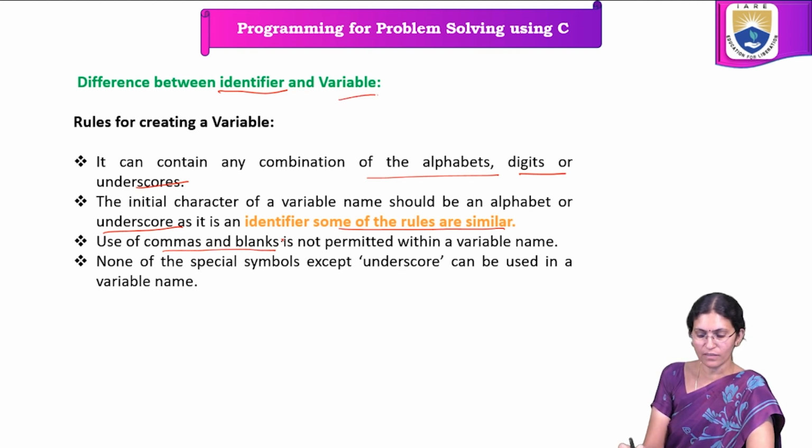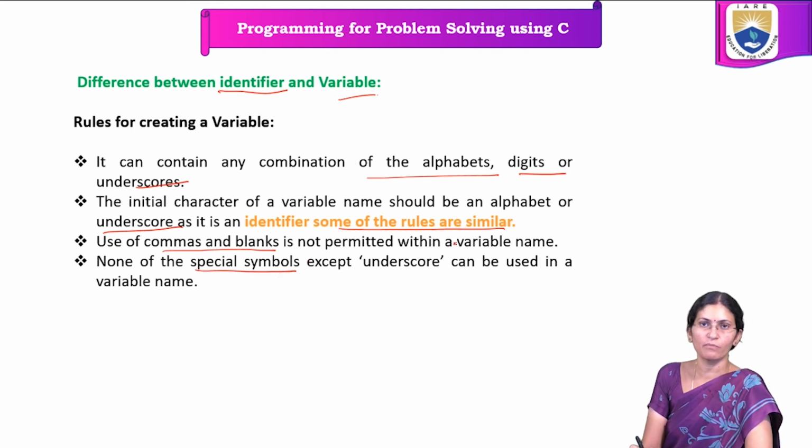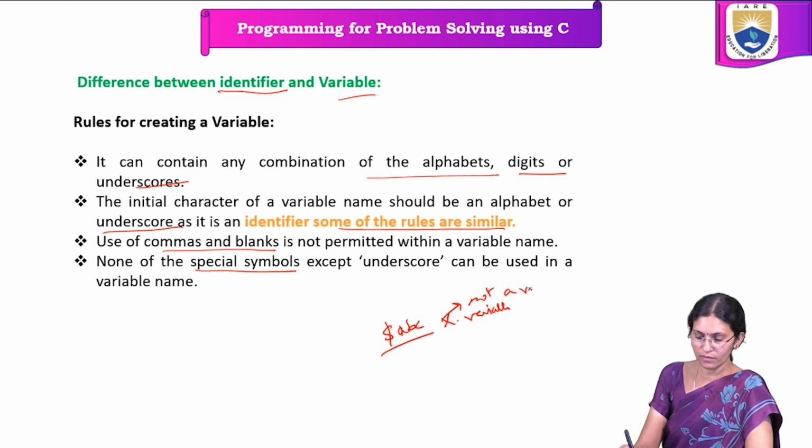Commas and blanks are not permitted within a variable name, and we also cannot use any special symbols. For example, if you write this ABC, it is not a valid variable name. You cannot use any special symbols except underscore.